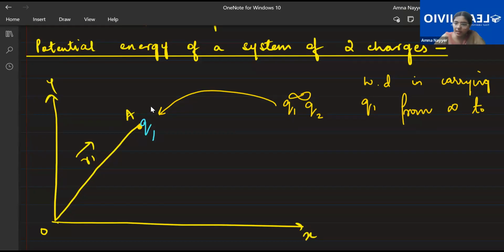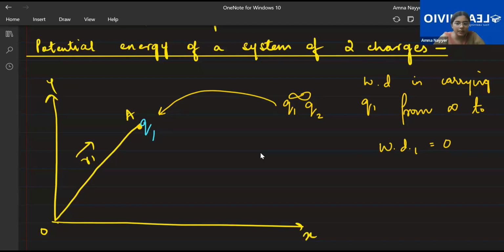You have the potential. Potential is a property of a single charge. When you are bringing the charge from infinity to this point, the work done per unit charge is the potential. Potential will definitely be there, but there isn't any force, because there isn't any other charge present. If no other charge is present in your system, there won't be any potential energy, no work done. Straight away for the first one, work done will be 0. Is that clear?